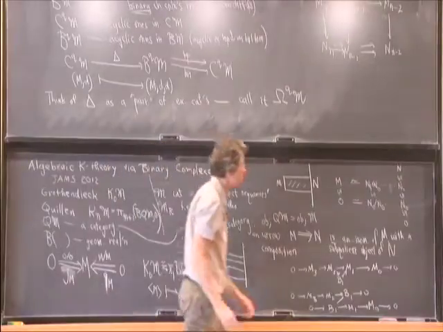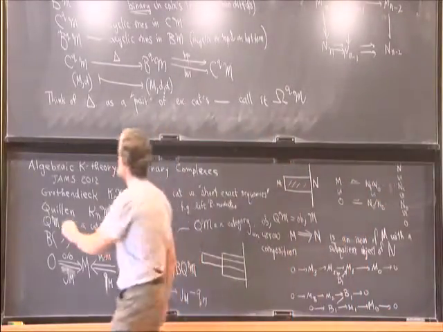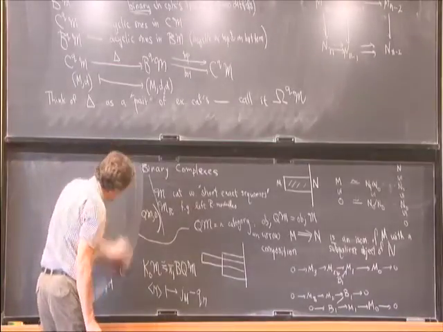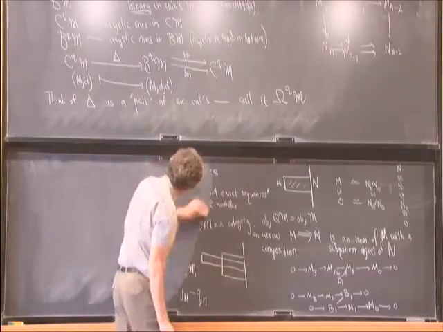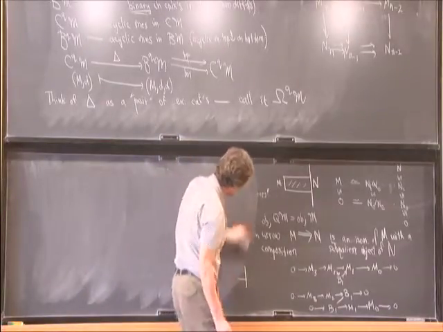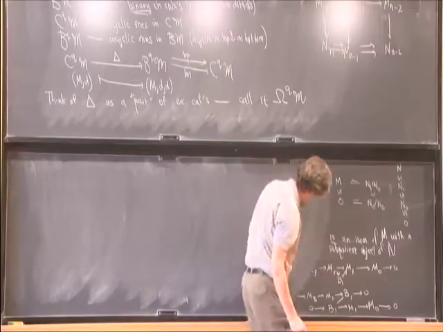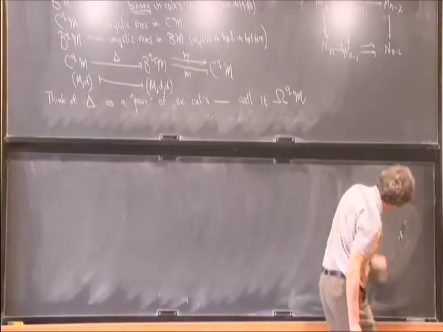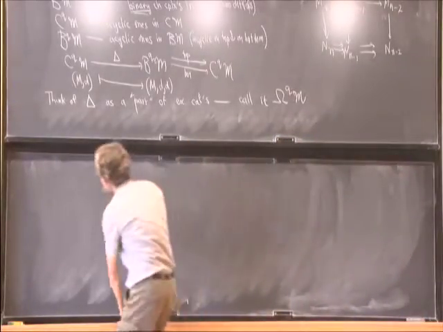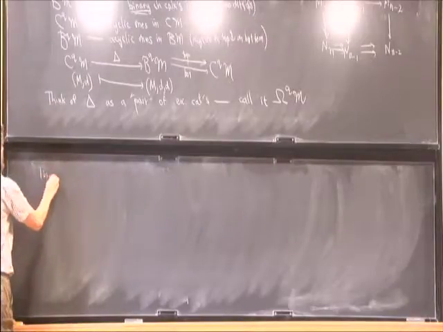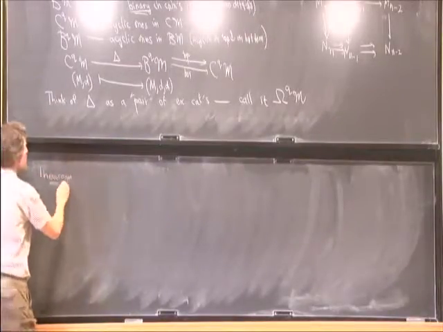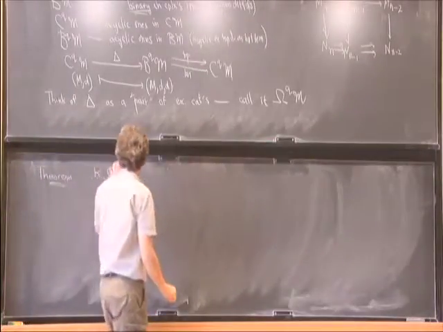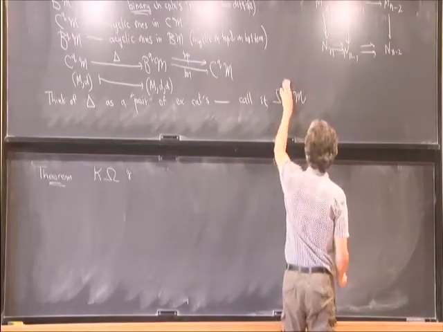And then the theorem is you take the K-theory of that pair. Oh, wait, I think I'd prefer not to write the Q. It should be implicit.